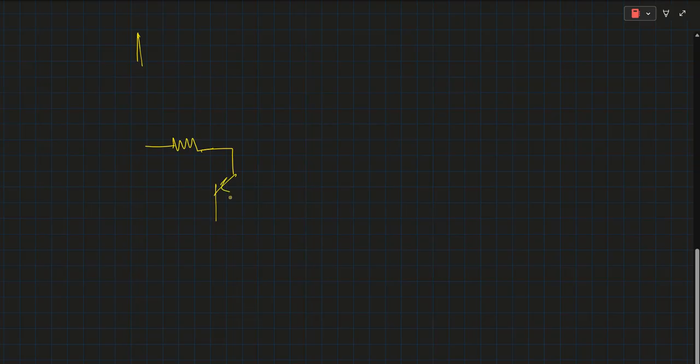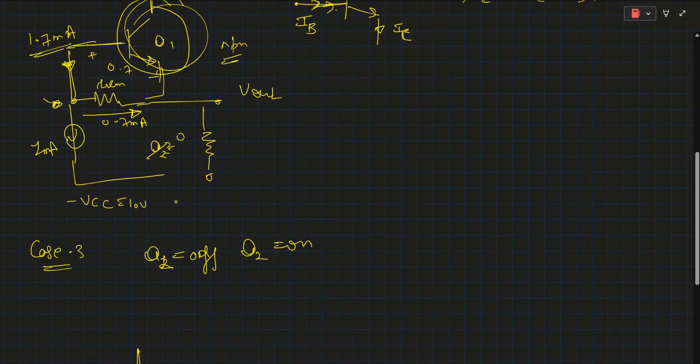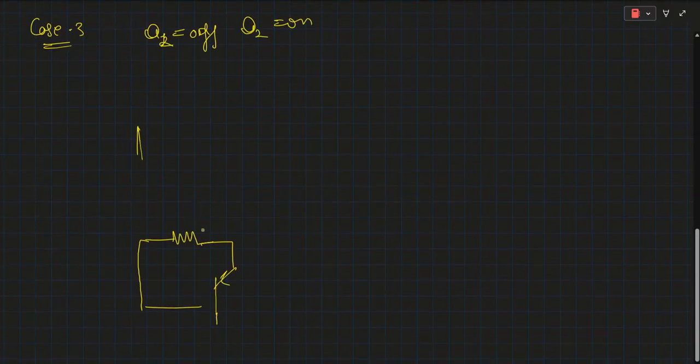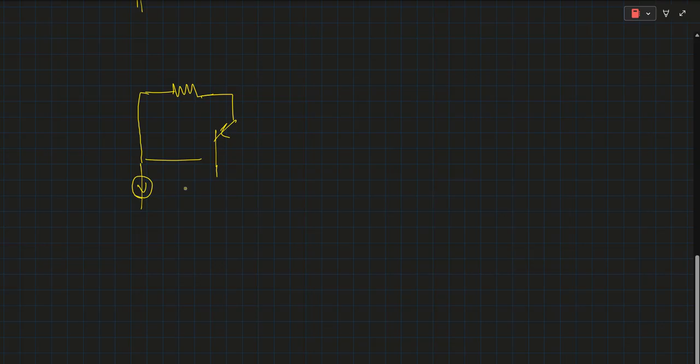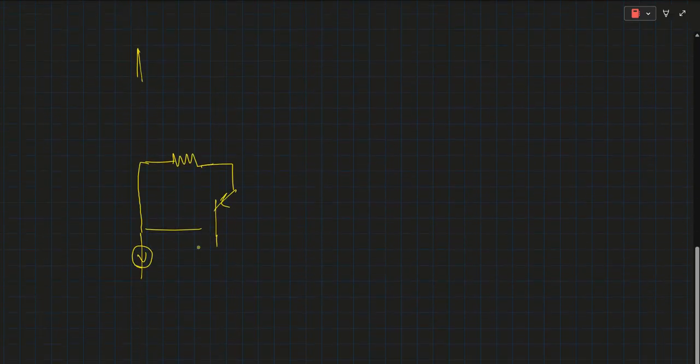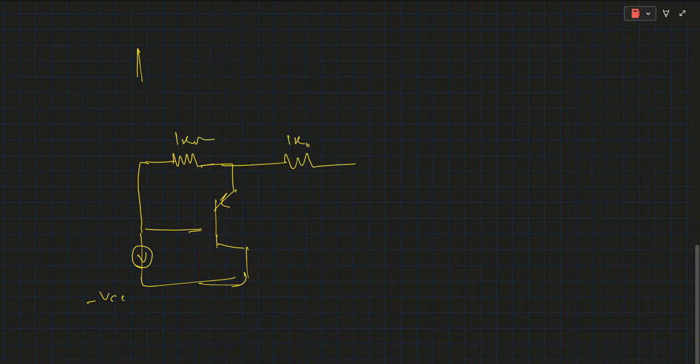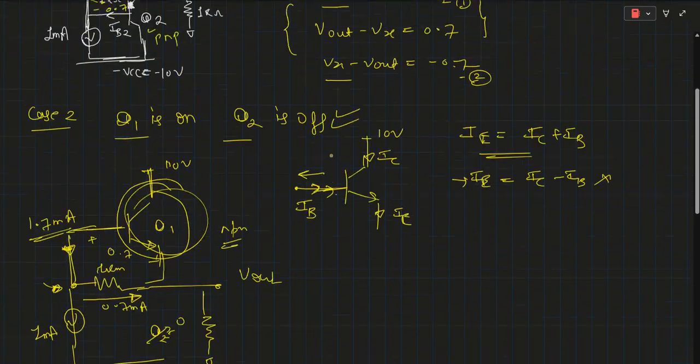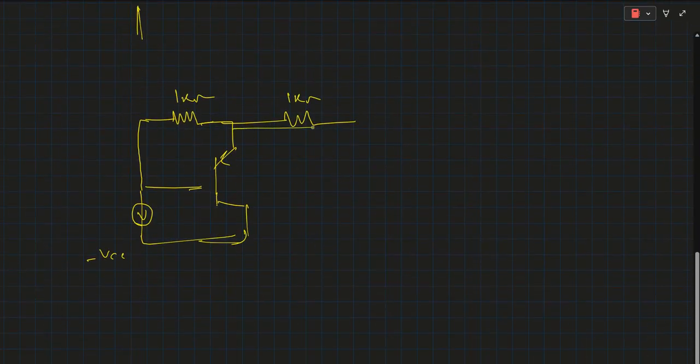This is a resistor, and this is a PNP transistor, and it is connected like this. Okay, and a constant voltage source is pulling this current, and this node is connected to the minus VCC.